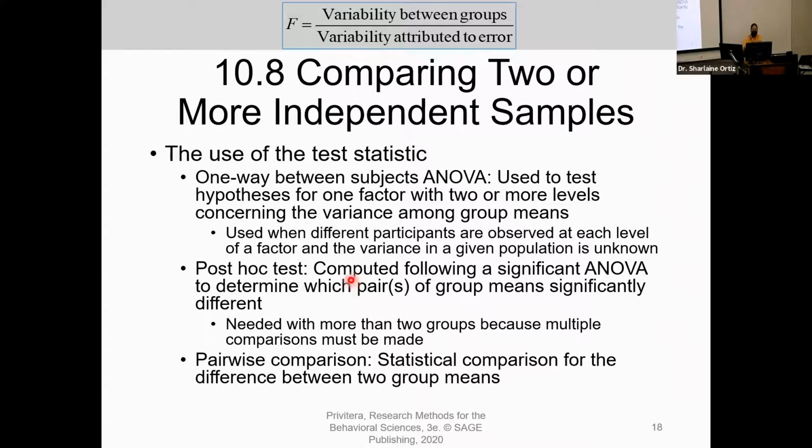It's going to look for the observation with different participants, I should say, at each level. Notice that just like our t-test, the variance of the population is also unknown. I do not know what the variance of my population is.